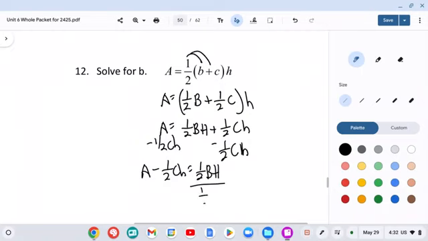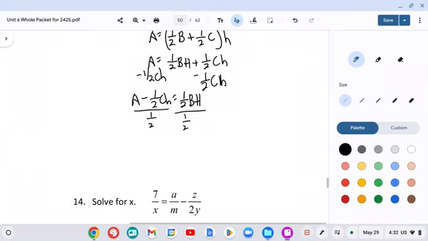I divide by a half, which means the same thing as multiply by 2. So now we'd have bh equals, if I multiplied the left side by 2, that'd be 2a minus ch. Oh, that's the wrong h, it's lowercase. Shoot. Where's mine? There it is.